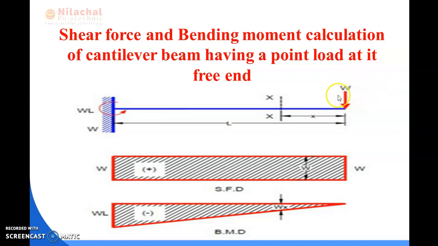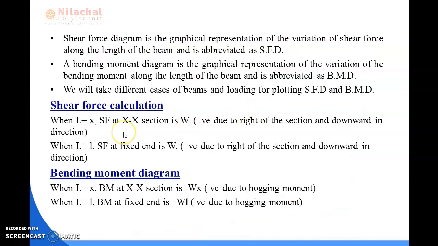The load is W, so the shear force is W, and the unit of shear force is kilonewton. We can write the shear force of the XX section, Fx equal to W kilonewton, and in brackets we define the positive sign due to the right side of the section and downward direction of the loading. So this is case 1.